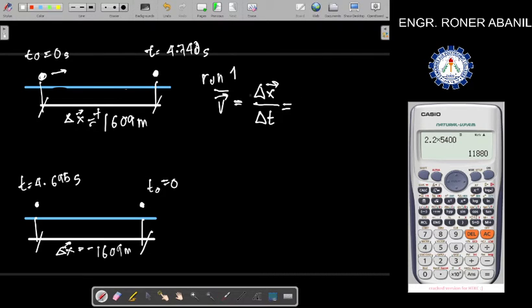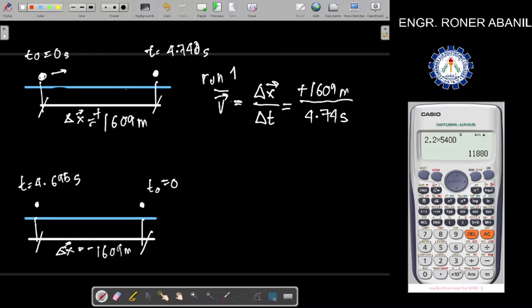So dito, yung change of distance natin is positive 1609 meters over 4.74 seconds. Okay?